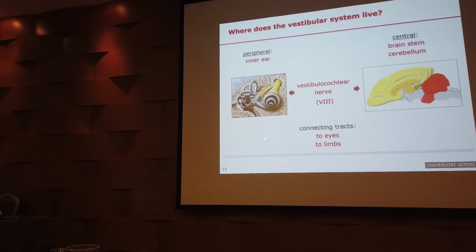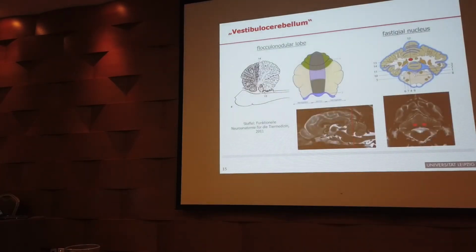And then we have tracts that connect to the eyes and to the limbs. And as I said before, the main goal of my topic is to try to teach you how I can identify if a vestibular lesion is caused by inner ear disease or by central vestibular disease. I said if it is central, the problem can be in the brain, and that's the slide now that is more for those of you who are a little bit advanced.